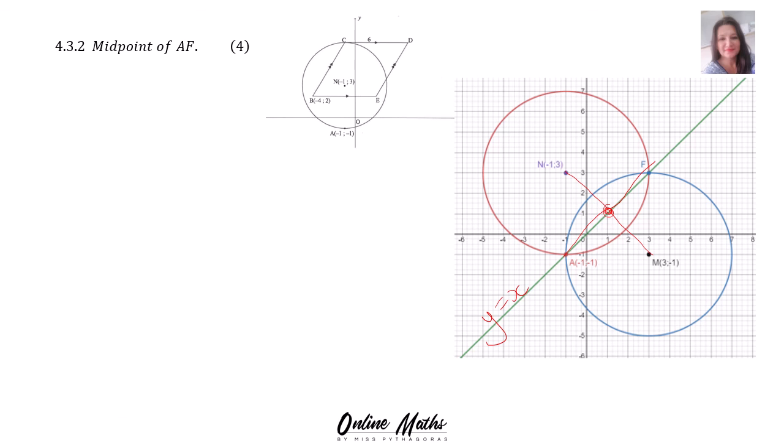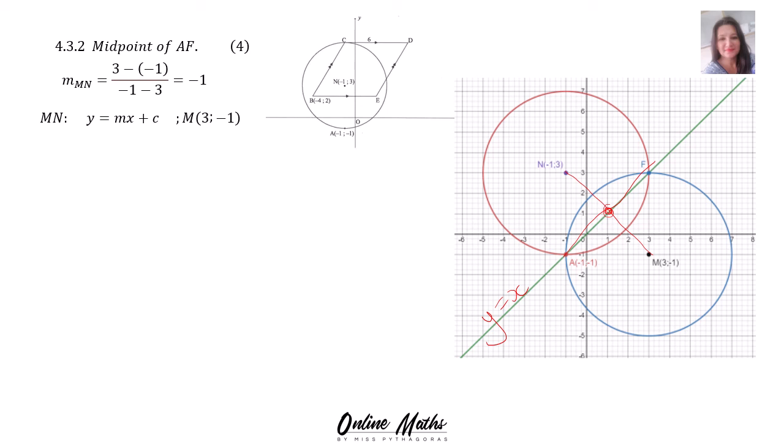First of all, I need a gradient. I can work out the gradient of MN using those two coordinates in the gradient formula, and I find that the gradient is -1. Then into y = mx + c, because I'm working out the equation of the line MN.